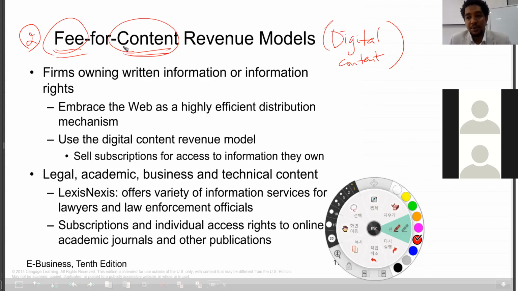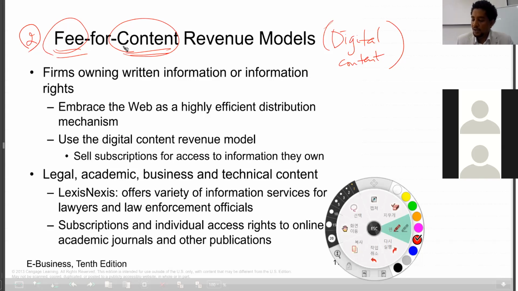For example, newspapers, you pay for the content, right? Other typical examples are lawyer services or consultancy, something like this. They embrace the web as a highly efficient distribution mechanism.